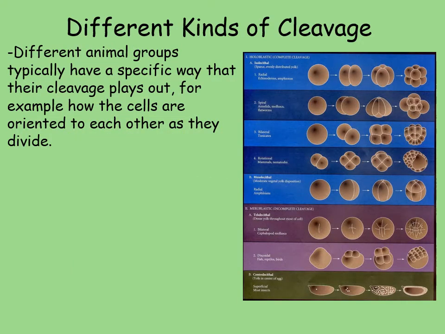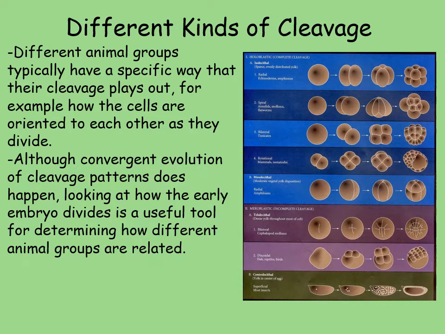So although animal groups will all have this kind of synchronized cell division or cleavage, different animal groups will have a specific way for the cleavage to play out. For example, the cells can be oriented towards each other in different ways as they divide.